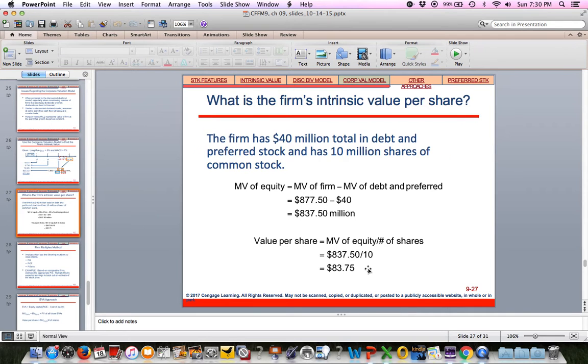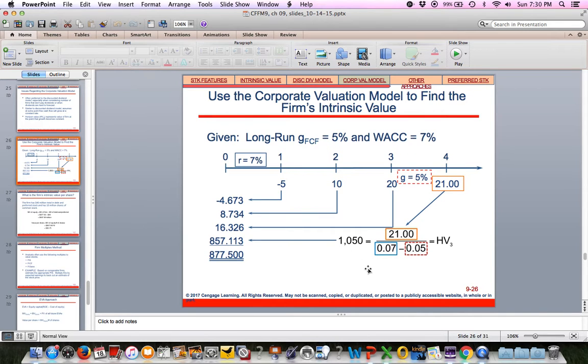So now it's never that simple, right? So I'm guessing the future. I'm looking at today. I'm over here in time 0, and I'm guessing all these future cash flows. I don't know exactly what they are. This is just what I believe they will be. And I don't know if the growth rate will actually turn out to be 5% or a different number. You can get a pretty good handle on what the WACC is, but I'm still predicting the future.